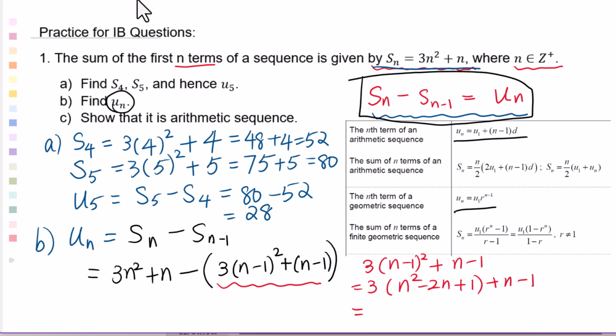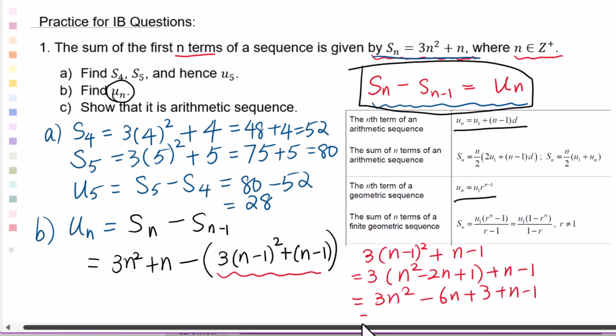Distributive property: 3n squared minus 6n plus 3 plus n minus 1. Combine like terms equals 3n squared minus 5n plus 2.